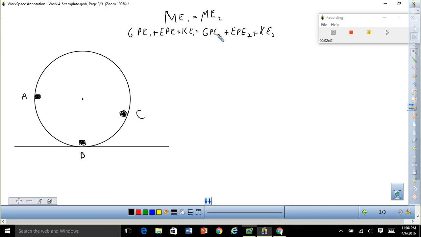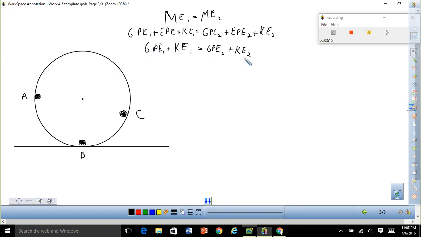And so really we could just as easily have left elastic potential out of this and said, well, the GPE and the KE at any one point is equal to the GPE and the KE at any other point. Okay, and so that'll be the basic principle that we'll be working with.